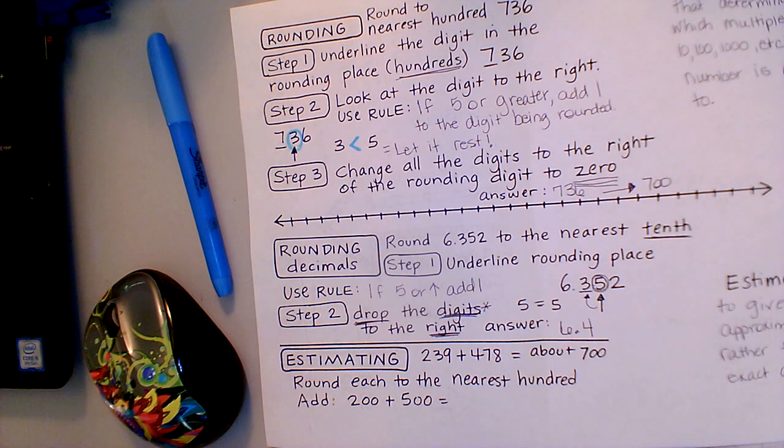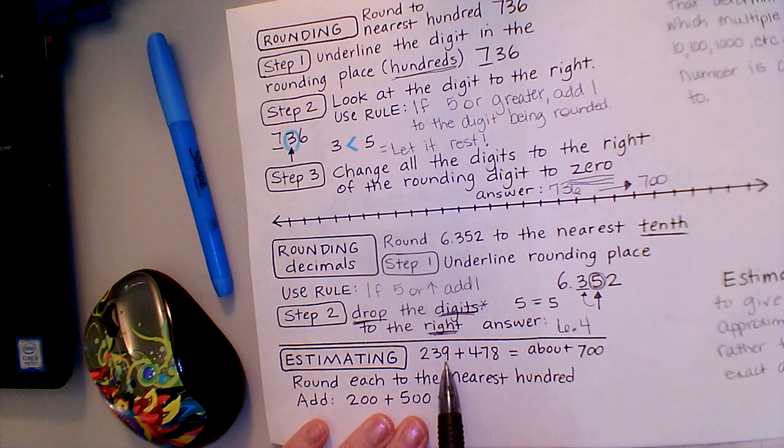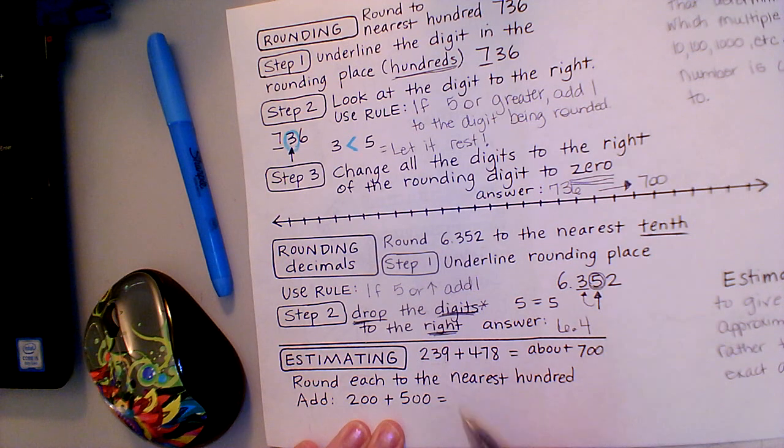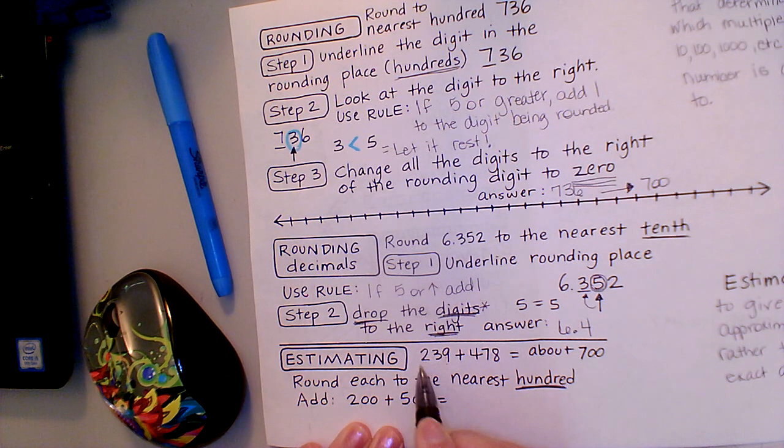When we are estimating, this is where mental math can come in really nicely as we learn to estimate. We can say that this is approximately what? We're going to round to the nearest hundred, so we're going to underline the 2, circle the 3.